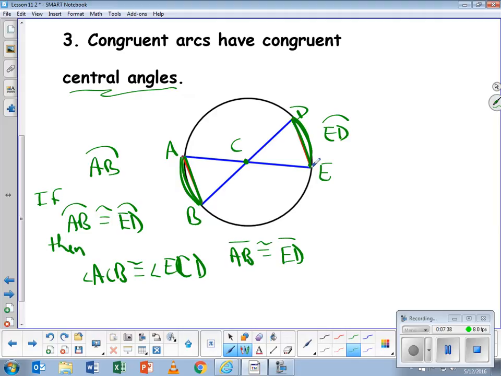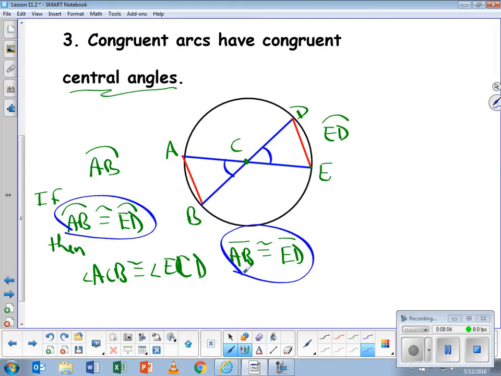So if next time you look at this picture, let me clean it up for you. If we look at this picture next time, and you see these marks here, that means those 2 central angles are equal, which means these arcs are equal, or congruent, and these chords are congruent. Okay?